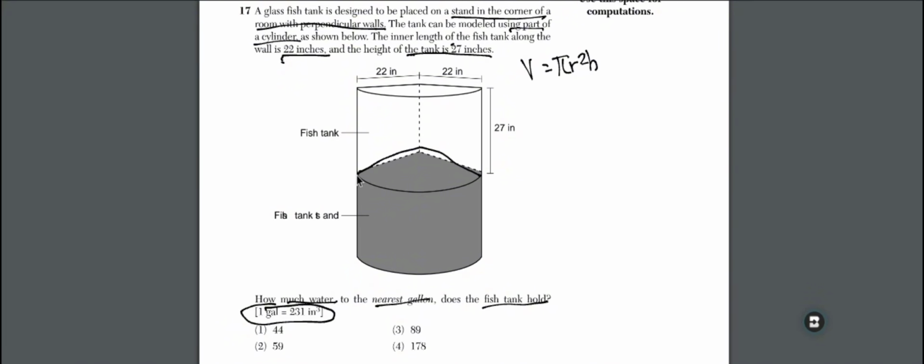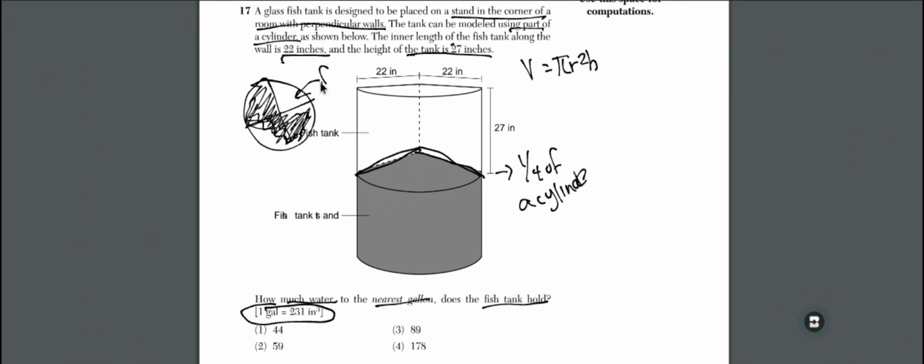But what we do notice is that the portion of the fish tank is a fourth of a cylinder. Because if I have a circle, and it stands in the corner, I'm going to get a fourth that is visible, while the 3/4 is going to be by the wall. So this is how it is shown in the fish tank.